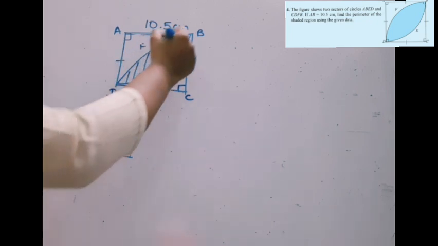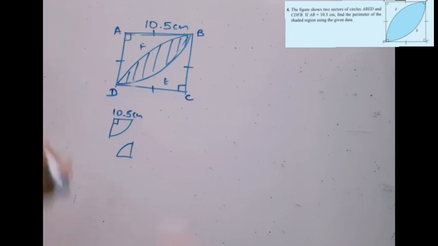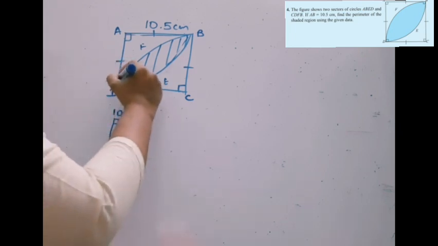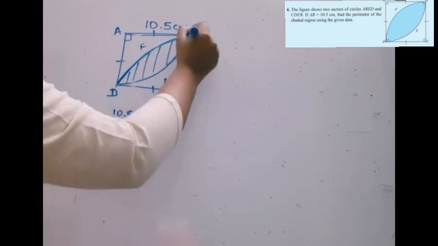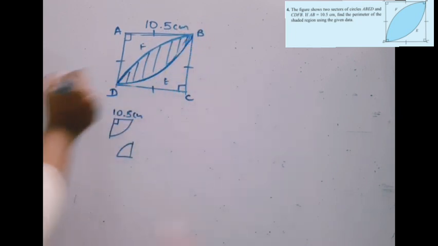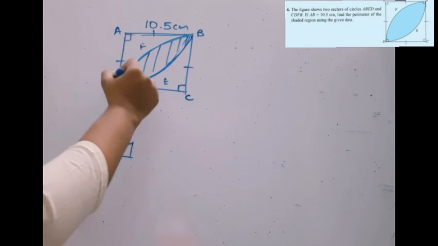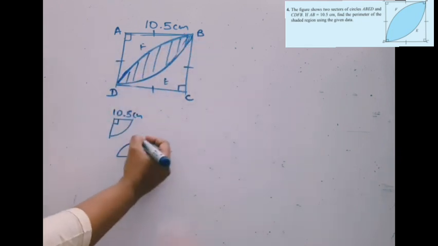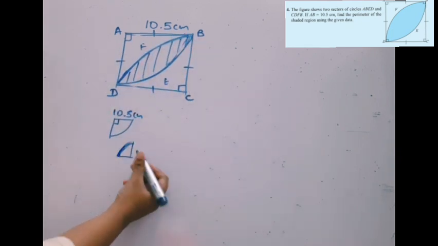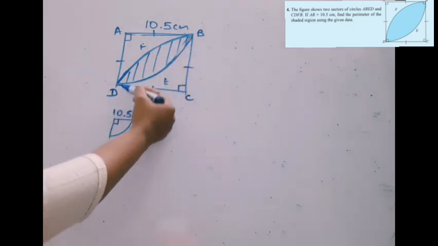Now this is your shaded region. How many lengths do you need to add to find the perimeter? Just 2. This one and this one. Now what is this? This is actually the arc length of this quarter circle.